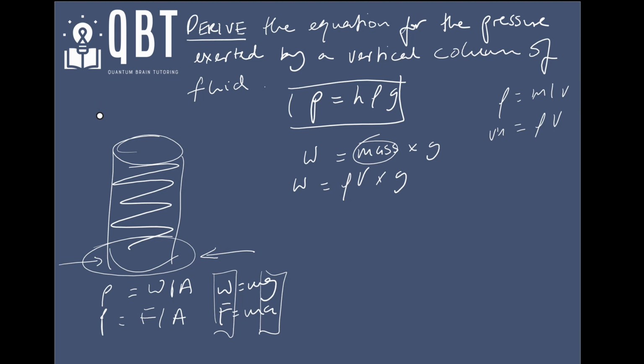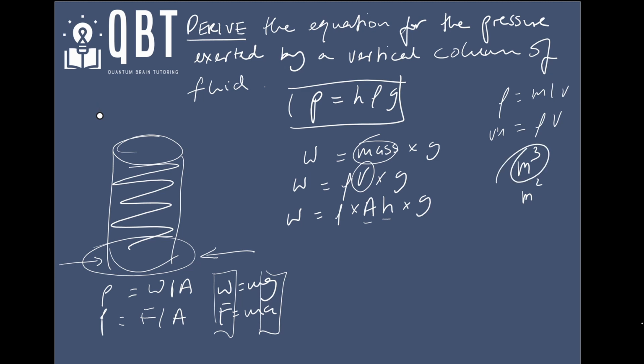Great. Now what do we do? Well, I rearrange my volume a little bit, and I say that weight is equal to density times area times height times gravity, okay? If volume is in meters cubed and area is in meters squared, effectively what I'm saying is that the area multiplied by the height is going to provide me with a volumetric measure, okay?